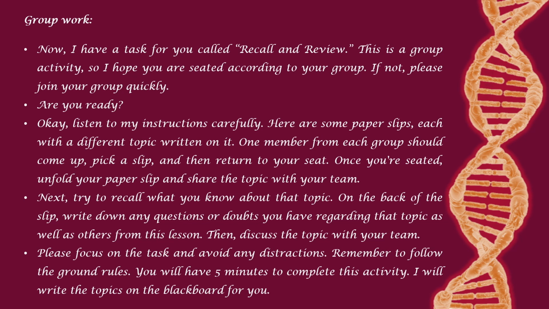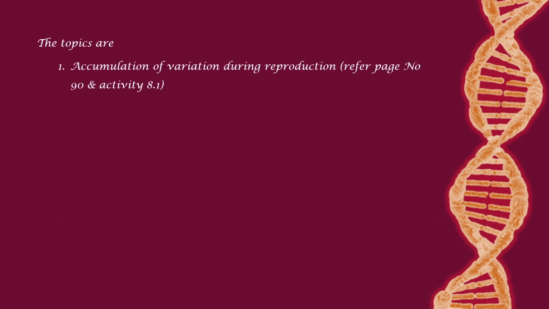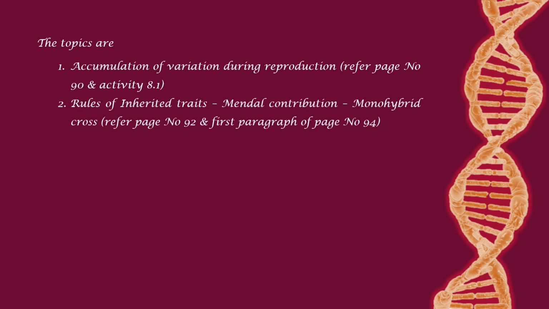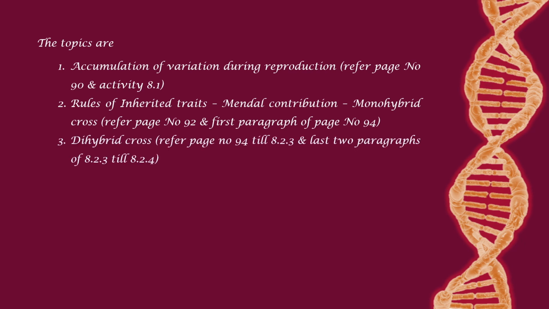I will write the topics on the blackboard for you. The topics are accumulation of variation during reproduction. You can refer page number 90 and activity 8.1 for this. Rules of inherited traits, Mendel contribution, monohybrid cross. You can refer page number 92 and first paragraph of page number 94.